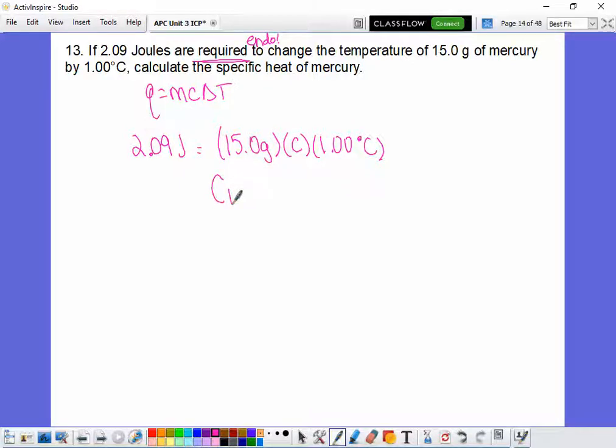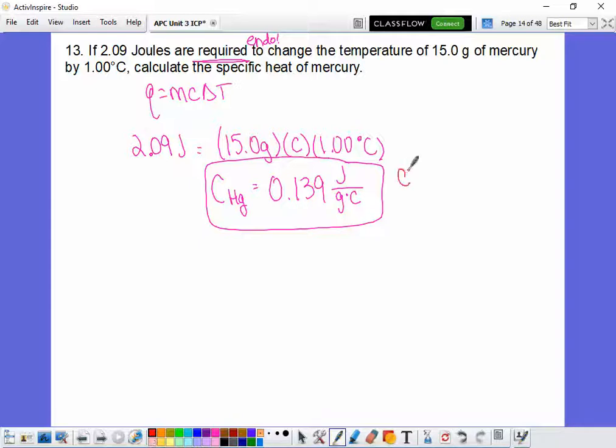And the C of mercury is what? Yep. 0.139 joules per gram degree Celsius.